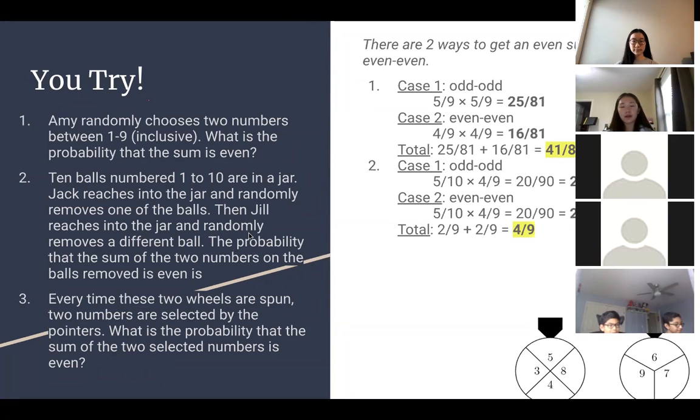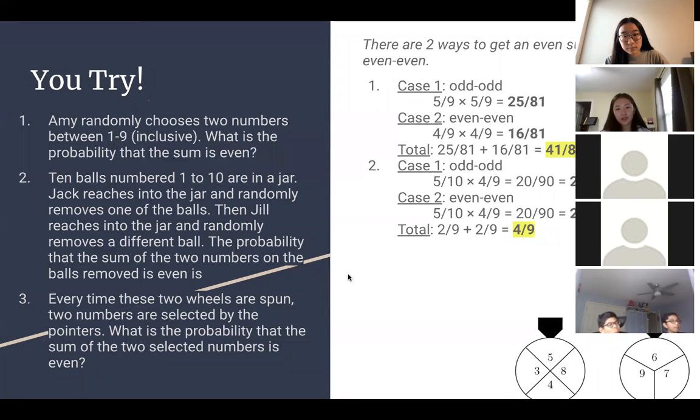But for the second odd ball, there are only 9 options and only 4 odd numbers left. So that's why you would do 4 ninths instead of 4 tenths. So yeah, this one's a little tricky. You would multiply those two, and then same for the even numbers. This time there's just 5 even and 5 odd, so it's the same thing, and you add them to get 4 ninths.